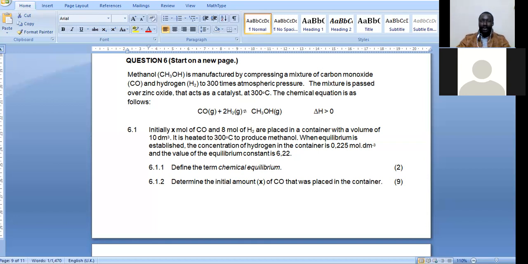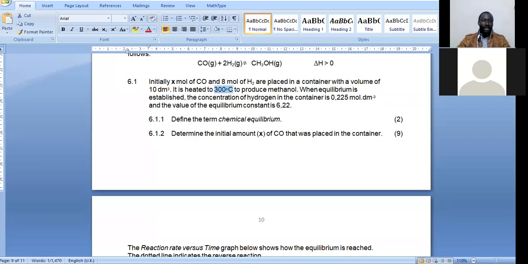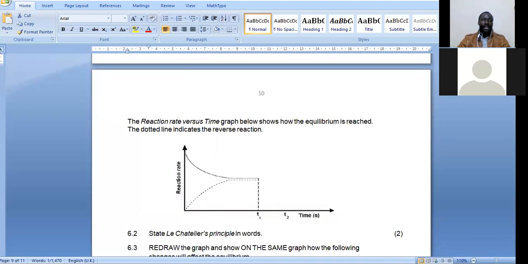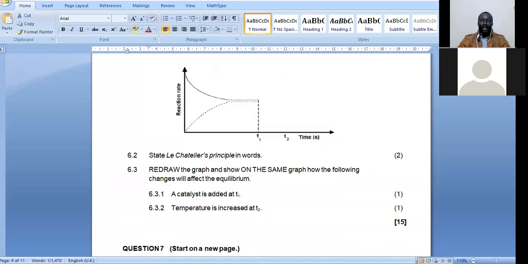And it's a question that we have here, question 6.2. In 6.2, we are required to state Le Chatelier's principle, and this suggestion is going right away to this answer. It's already been given. So you see, we are still struggling with the definition of chemical equilibrium. So yes, you could write your own.